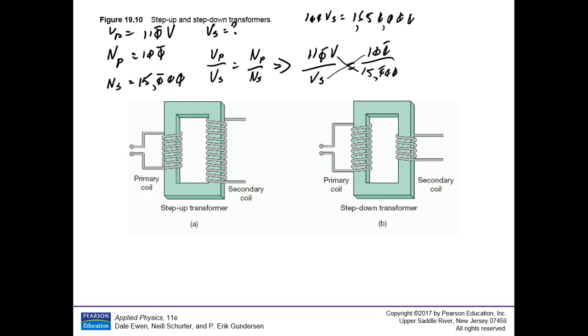That's sort of big. So what we're going to do is divide both sides by 100, which is really pretty easy to do by just slashing out two of the zeros. And that gives V sub S, believe it or not, is 16,500.